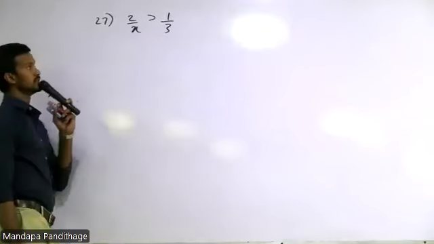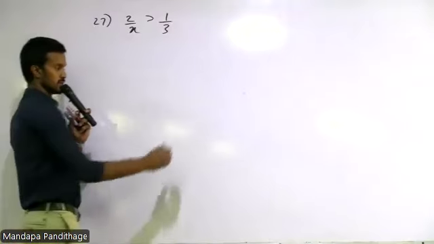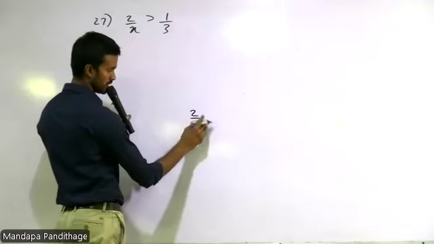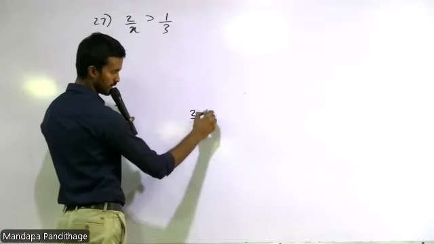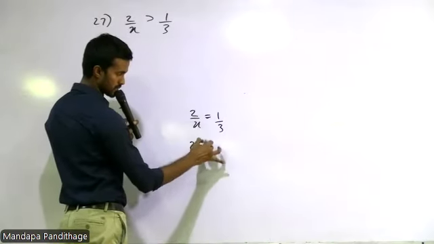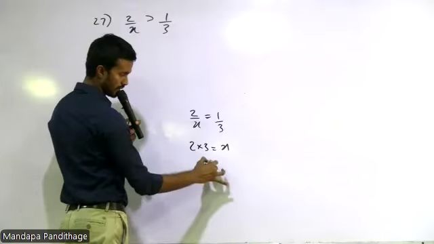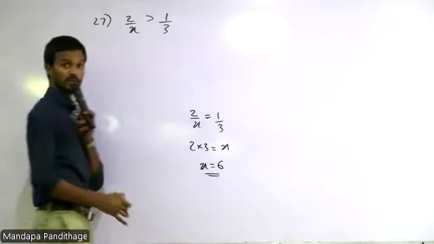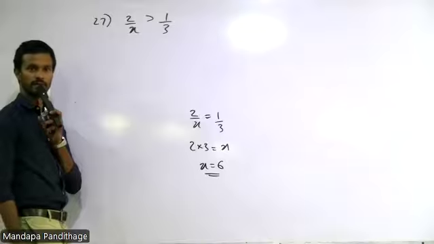Question number 27: 2 over x is greater than 1 over 3. When you are supposed to solve an equation, we normally just cross multiply and get the answer x is equal to 6. No? But here you can't cross multiply.